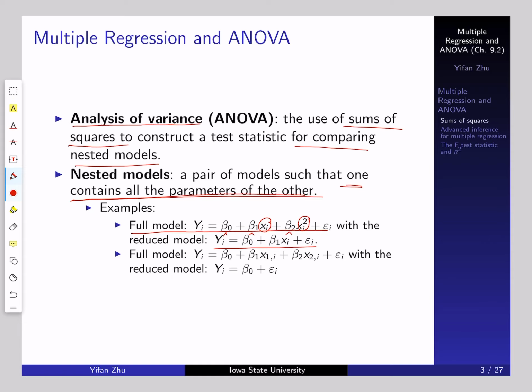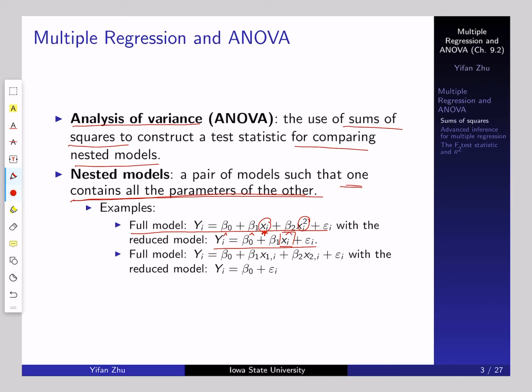This is called a reduced model because it has one less predictor than the full model. But it is nested in the full model because the predictor used here is also in the full model. So it's just using one less predictor than the full model, which is the x squared. And there is one less parameter than the full model.